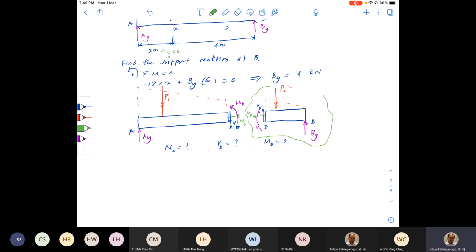This is the FBD of DB. And there, in order to apply the equations of equilibrium, I need to know the exact point at which this force is applied. So you may find the distances. The total distance is 1.5 meters, right? 1.5 meters.